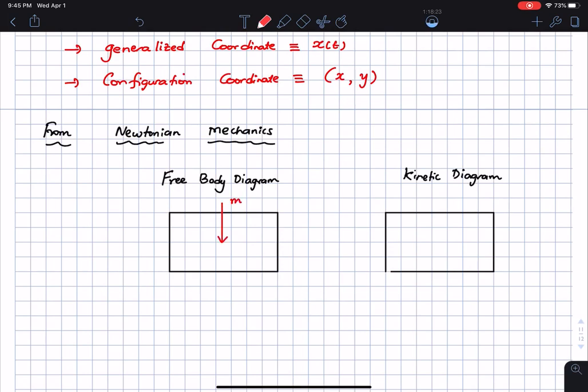This is going to be m times g. Here is the normal force of contact. And then on the kinetic diagram, the only thing is mass times acceleration, so that is m times x double dot.